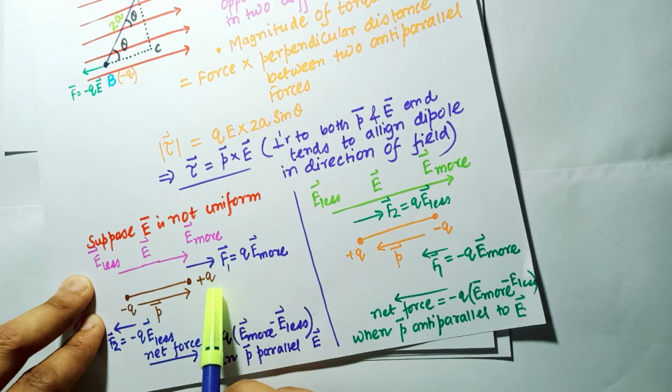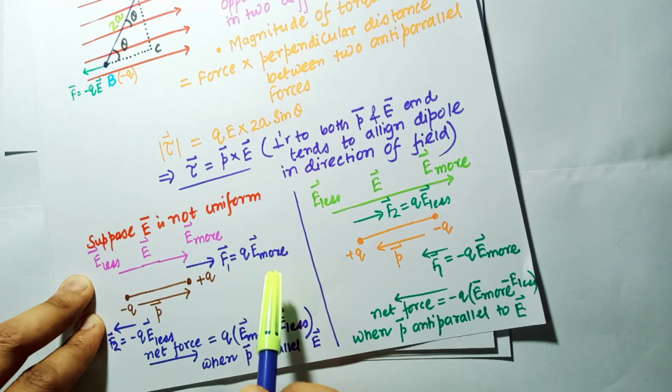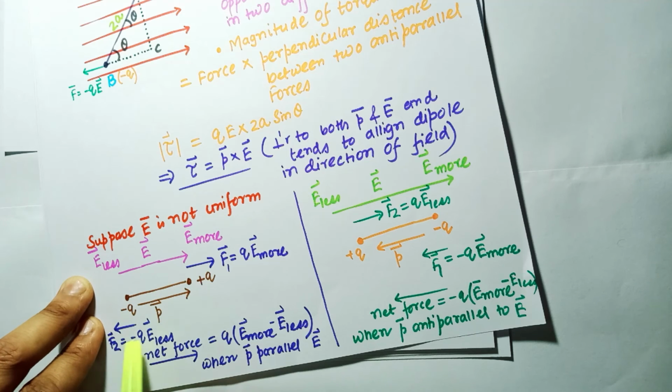This is the direction of the force on the plus q charge, F1 is equal to q times E more. And this is the direction of the force acting on minus q, F2 is equal to minus q E less. So the net force acting will be from left to right, that is q times E more minus E less, when P is parallel to E.